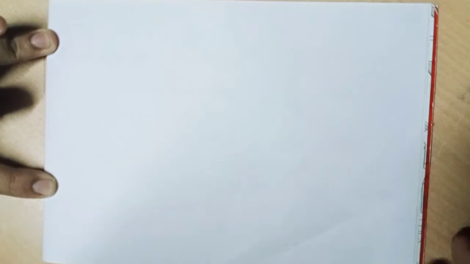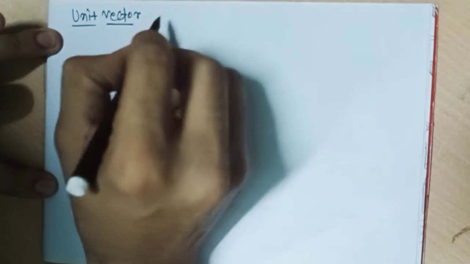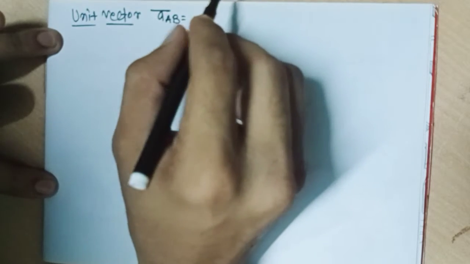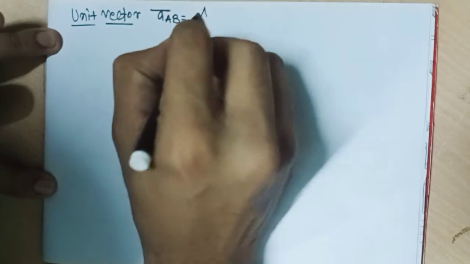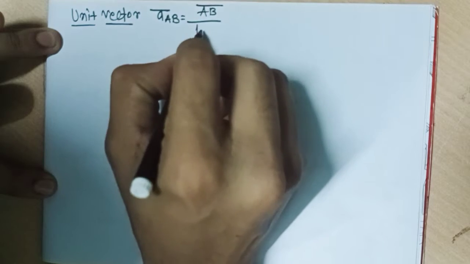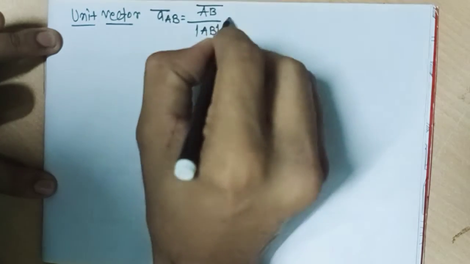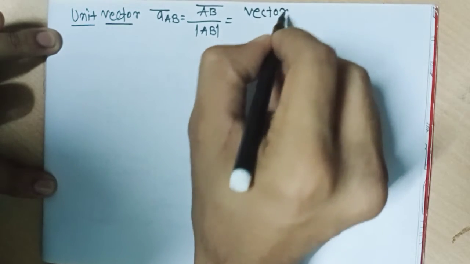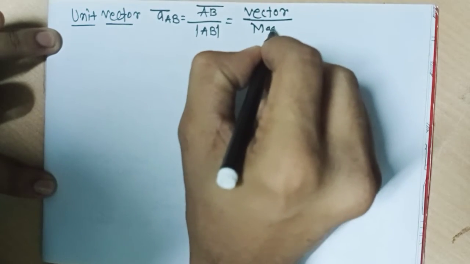Unit vector a bar AB is equal to AB bar upon mod of AB, because as per the definition we have, this is equal to vector upon magnitude.